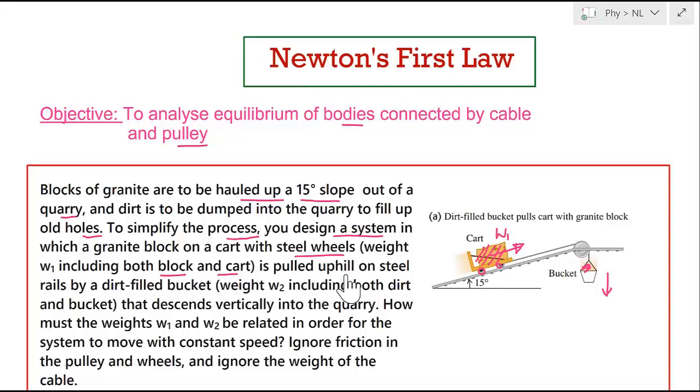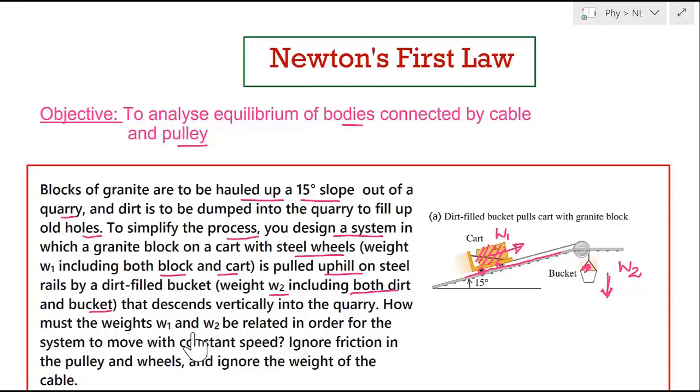This is to be pulled up a hill on steel rails by a dirt-filled bucket. The weight of the bucket plus dirt is W2, and it descends vertically into the quarry.